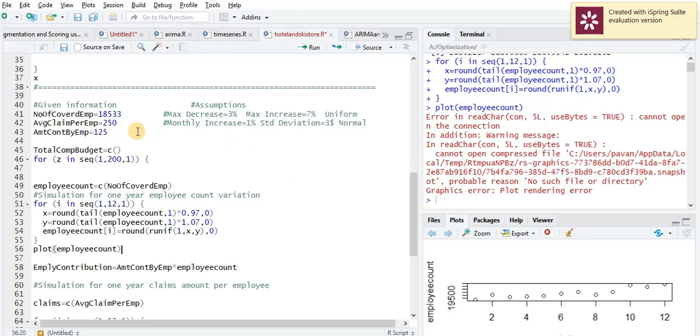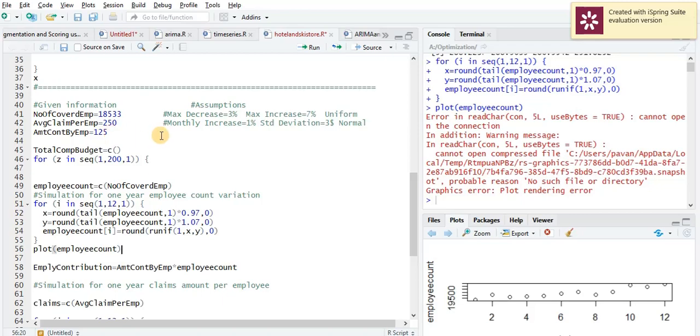Given that the number of employees in the last month is around 18,533, and it follows a uniform distribution with a decrease of 3% and an increase of 7%, and average claims per employee is $250, increasing by 1% with a standard deviation of 3 and following a normal distribution, and the amount contributed by each employee is $125.